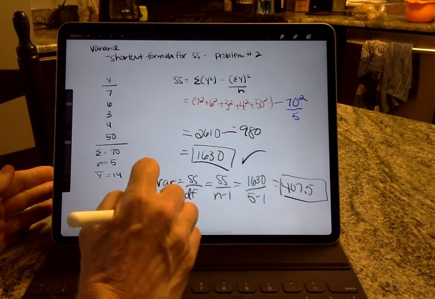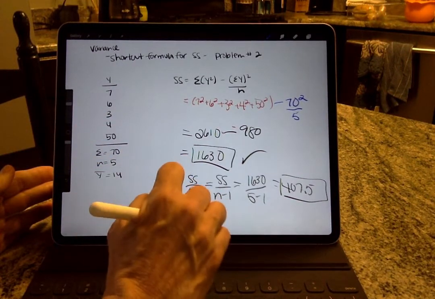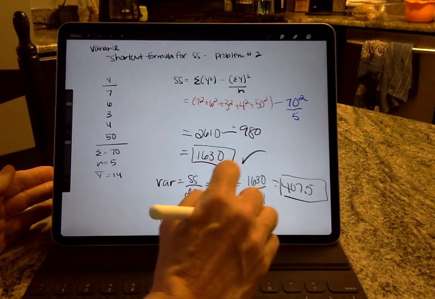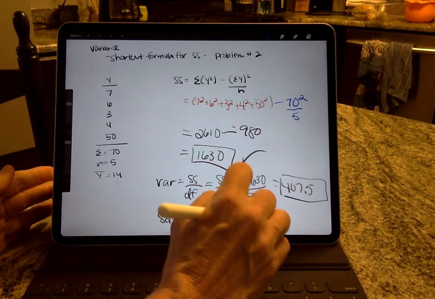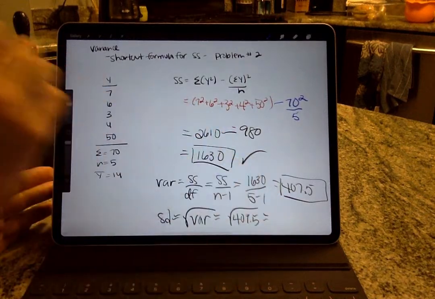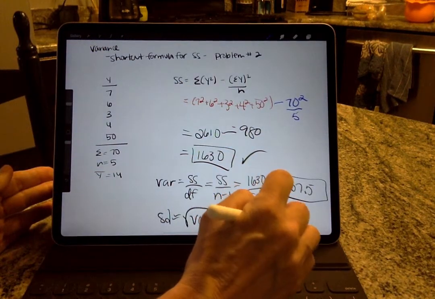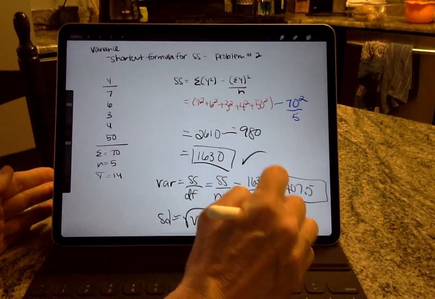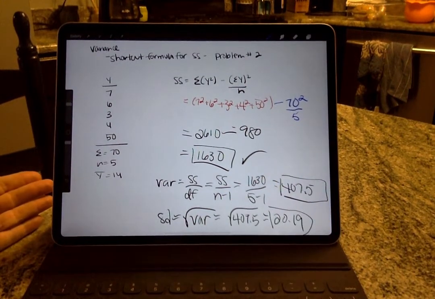And if I asked you to calculate standard deviation, that's the square root of the variance, the square root of 407.5, which is 20.19. Again, the same number we got when we did it the long way.